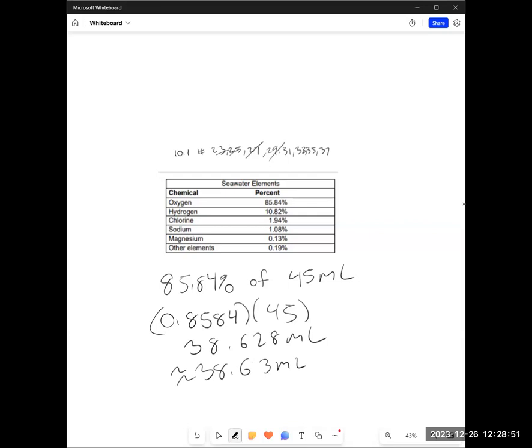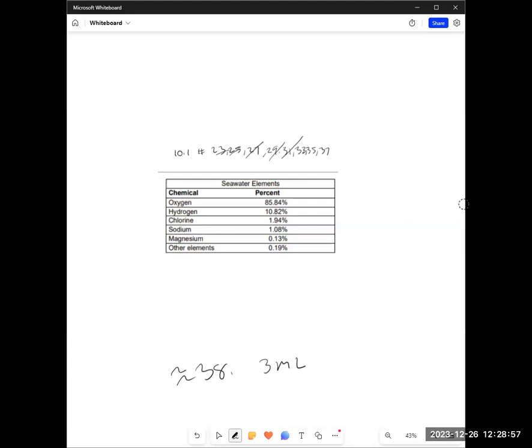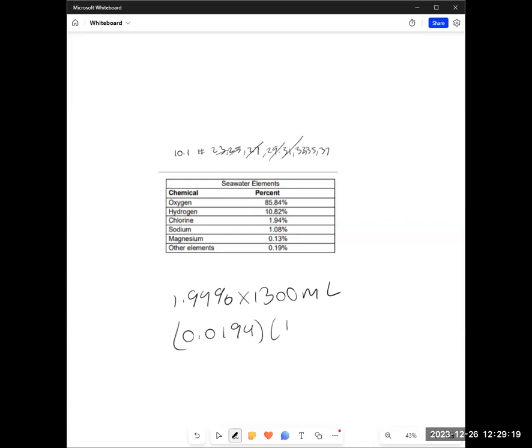Same table with the same percentages for the next problem, so I won't copy it again. But it asks me how many milliliters of chlorine are there if there's a 1300 milliliter sample. So chlorine, 1.94% is 0.0194 times 1300.